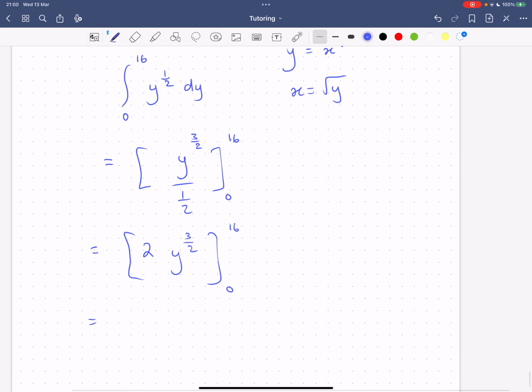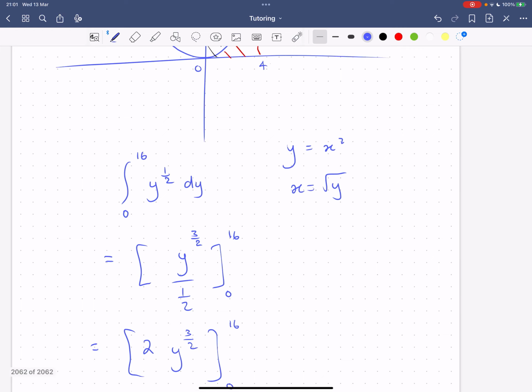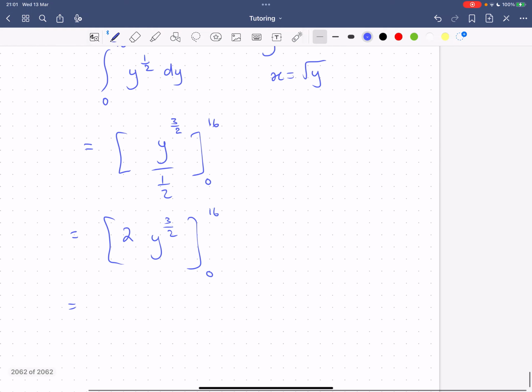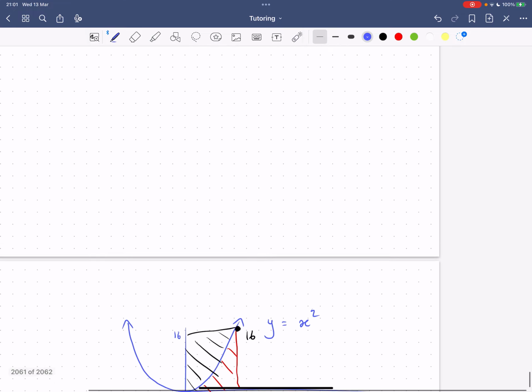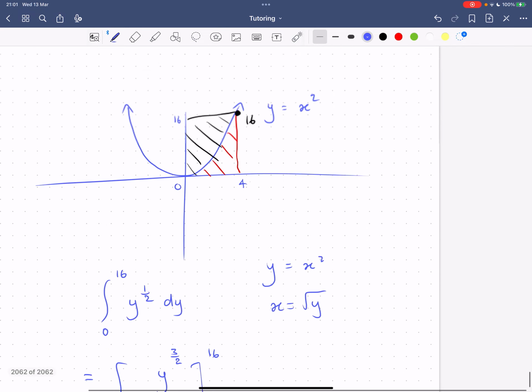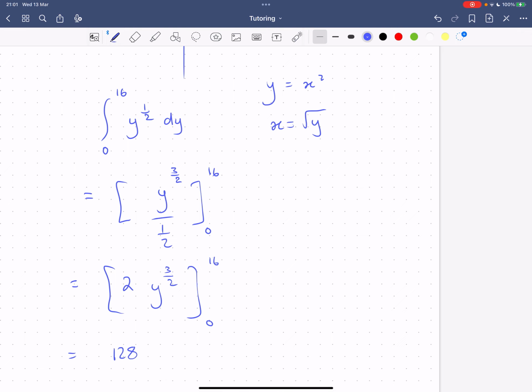Now if we substitute that in, 2 times 16 to the power of 3 on 2, we get 128. Something's gone wrong there. Just bear with me.